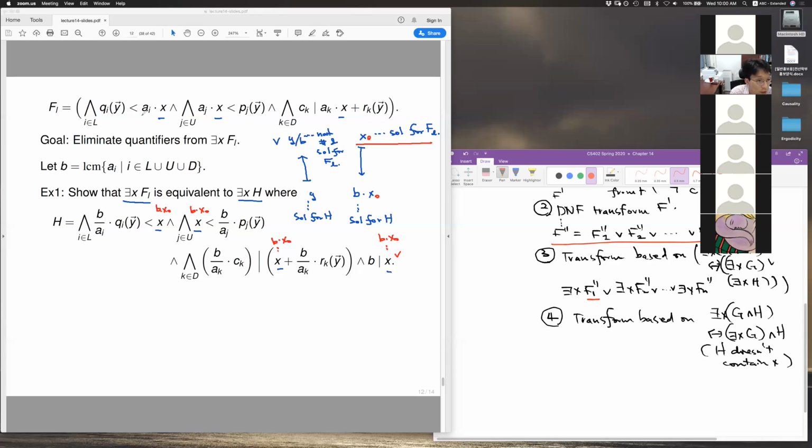That is because if this constraint is true for X0, because X0 is a solution for FL, we have Qi Y bar less than AI X0. Now, if you multiply both sides by B, that means we add B times on the right-hand side and so on.